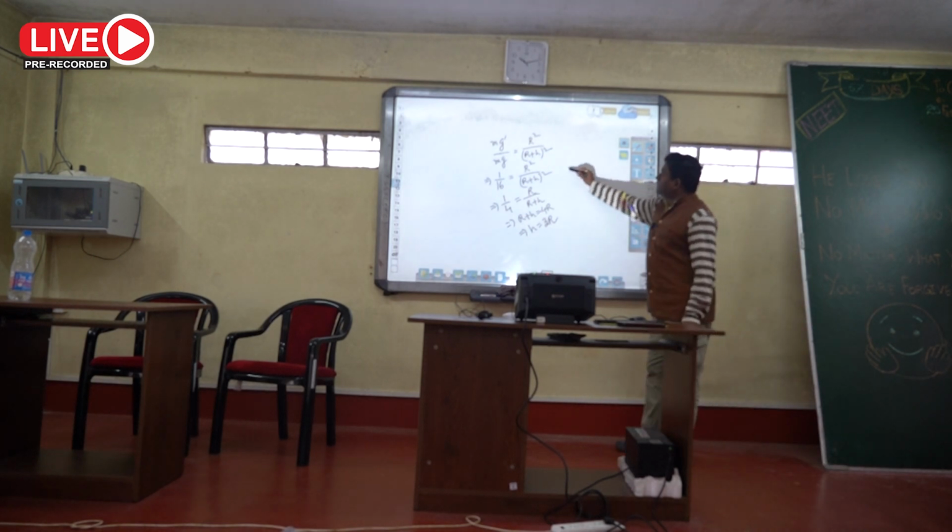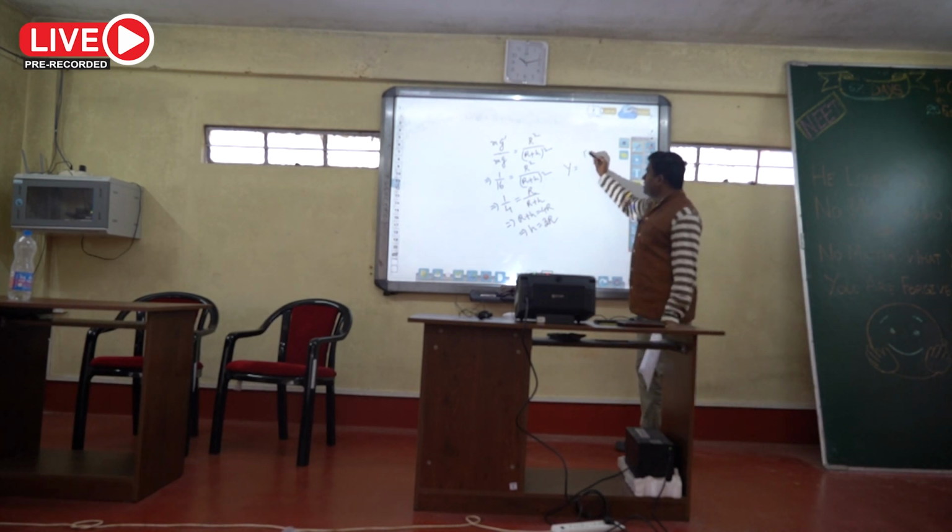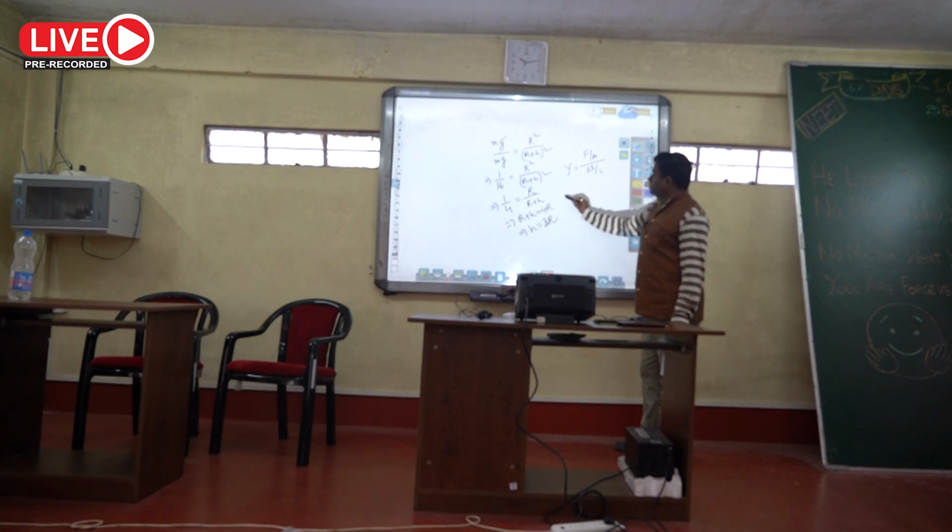See, you know that Young's modulus Y equal to F by A divided by delta L by L. So from this we can write F by A equal to Y delta L by L, and F equal to Y A delta L by L.